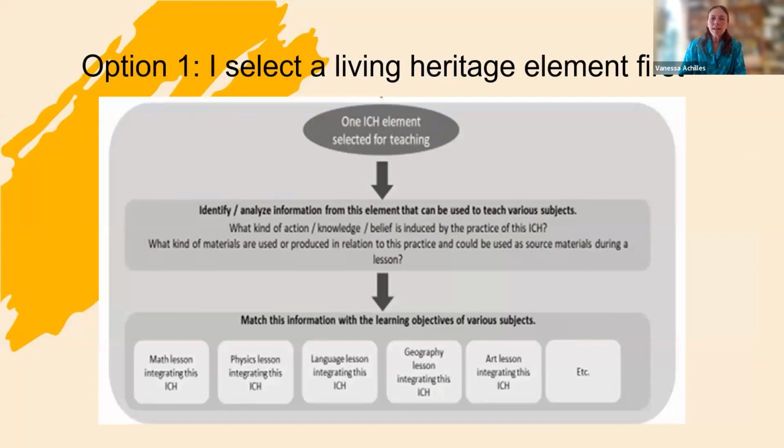Let's say that you will select a living heritage first. So you identify that in your community, for instance, you have a specific festival, or there is a special way to celebrate when the students are reaching the age of 15 or 16.